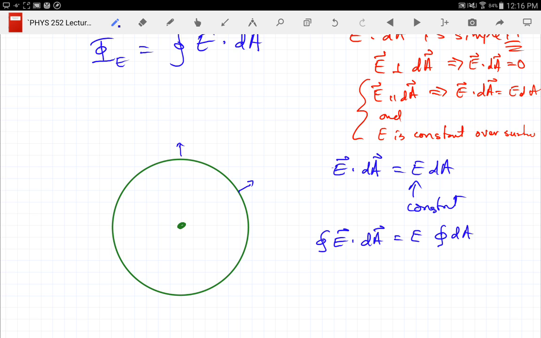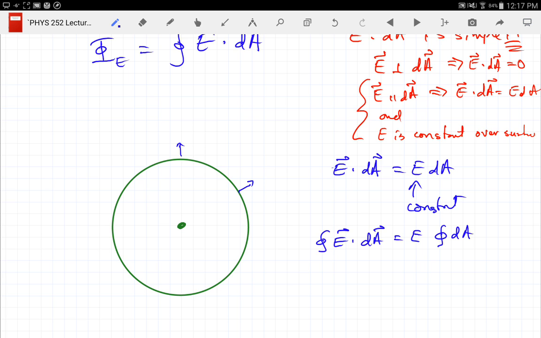But wouldn't it be perpendicular in this case? It's normal to the surface. Right, normal is the three-dimensional word for perpendicular. But dA is defined as the direction normal, so E is parallel to dA because dA is normal. The direction we assign for the area of the surface is going out of the surface.